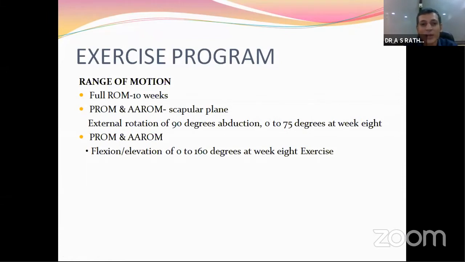External rotation we are doing in 90-degree abduction, and 0 to 75 degrees by 8 weeks is our goal to achieve. Passive, active, and active assisted range of motion exercises for flexion are what we are doing. By 8 weeks we are trying to achieve 160 degrees.